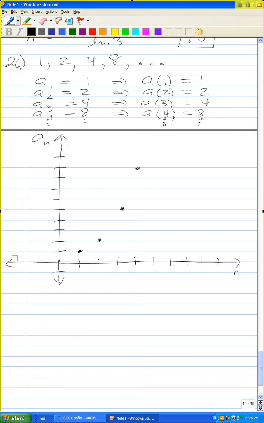So this is just some sort of exponential function here. If I kept going more and more, the graph of it would just look like what we saw in the previous chapter, the graphs of an exponential function.